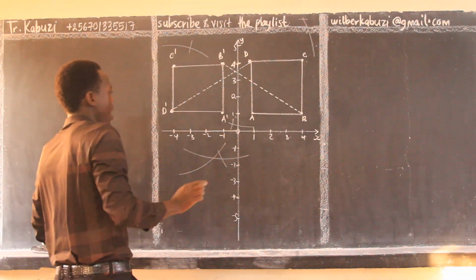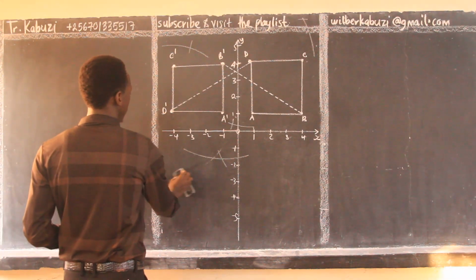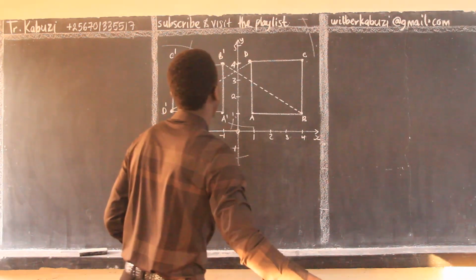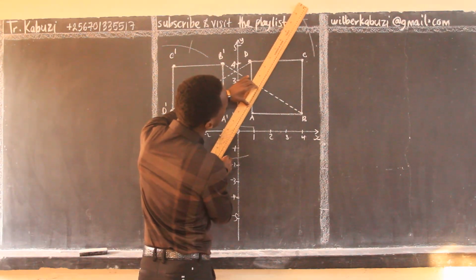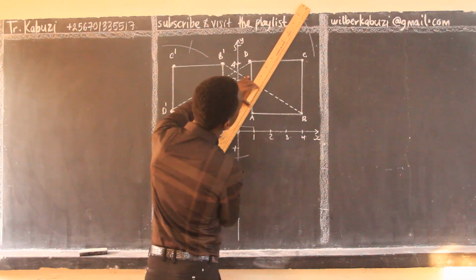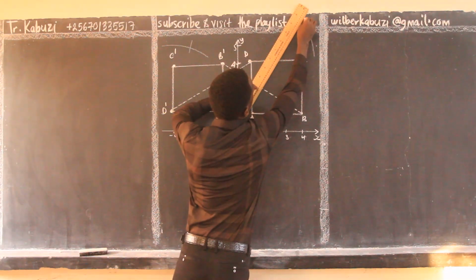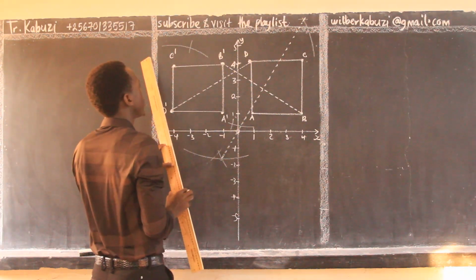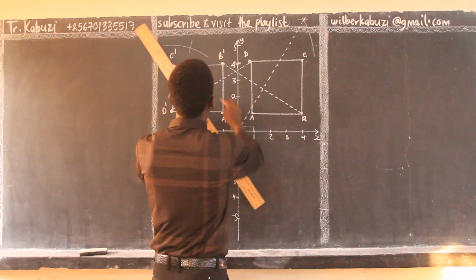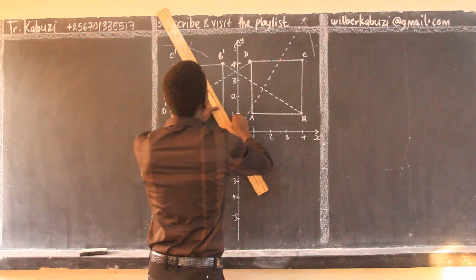Then after, I join them. This is where those perpendicular bisectors are going to meet. Now in rotation, that's the further thing you do. I join this to this, dotted, and also this to this, which is going to be around there.